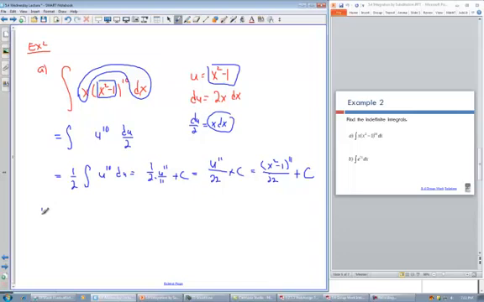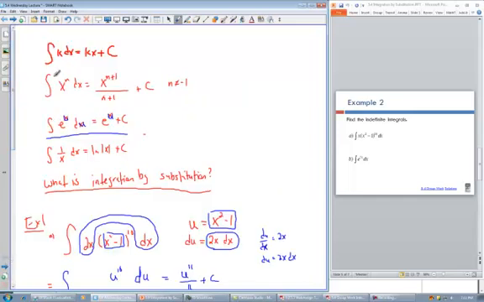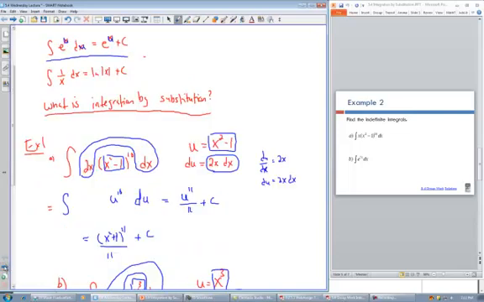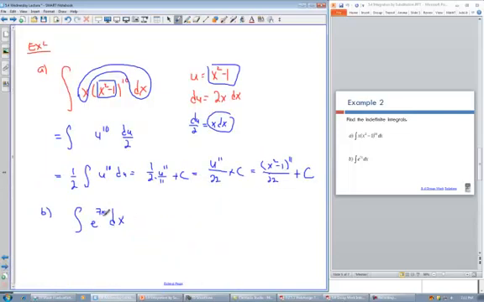On the next one, part B, I have the integral of e to the 7x dx. Now I look at this with fresh eyes. It's not one of my 4 types: a constant, a power, just e to the x, or 1 over x. So there's not much I can do with it as it is now.